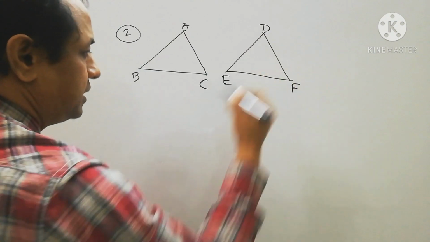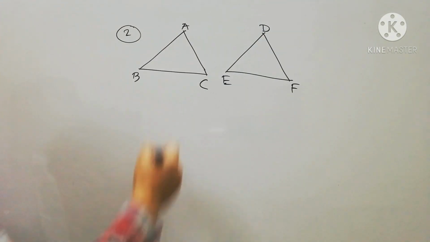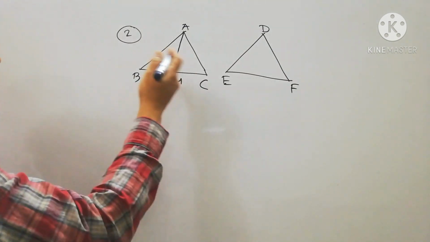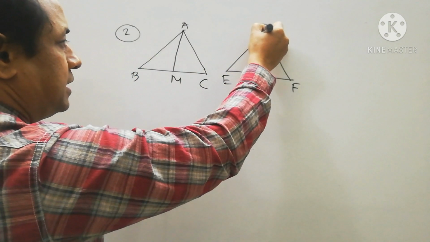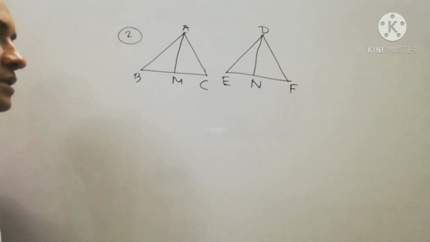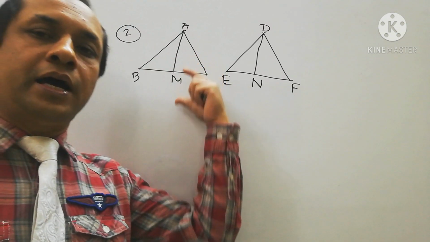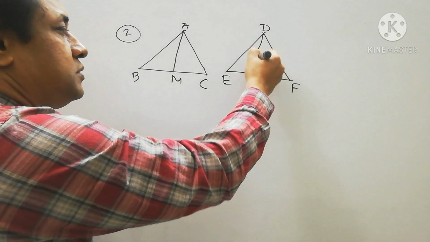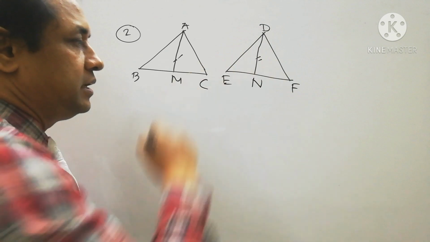Here AM is the height of triangle ABC and DN is the height of triangle DEF.